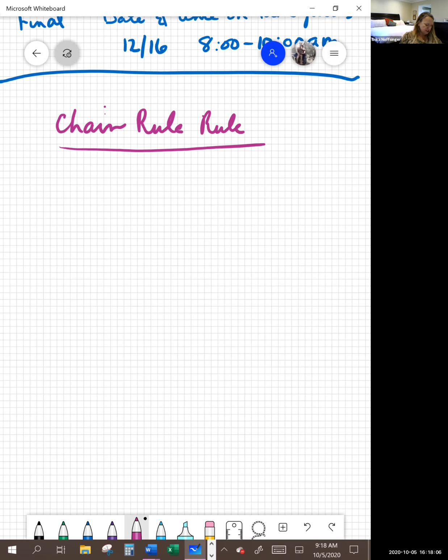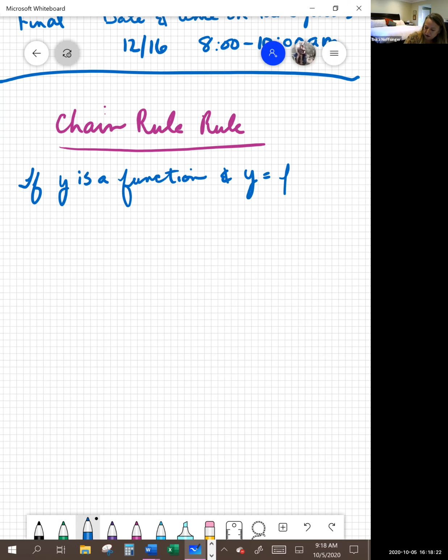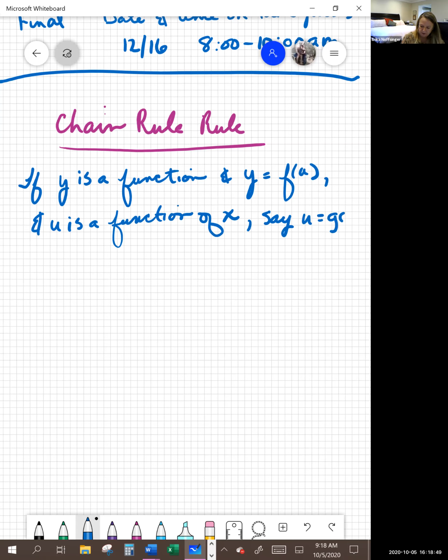So it says if y is a function and y equals f of u, and u is a function of x, say u equals g of x, that would say then y, which is equal to f of u, is also equal to f of g of x.